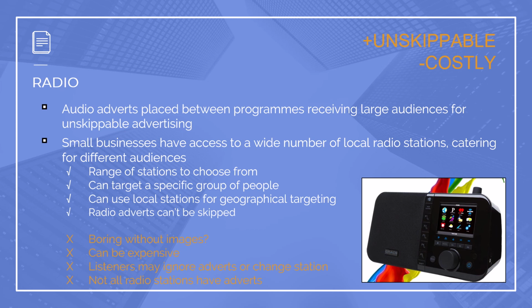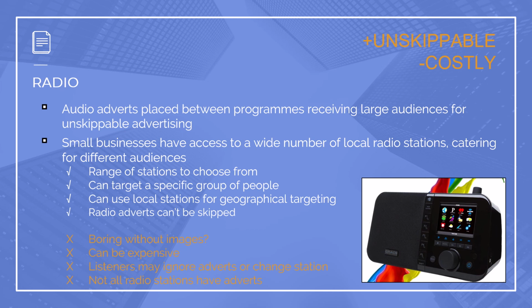So the advantages are we've got a range of stations to choose from, so you can look at the demographics of each station and pick a particular radio station for what you want to advertise. You could also target a specific group of people by doing this. You can also use local stations like Radio City, for example, and that will help you to target a particular geographic location.